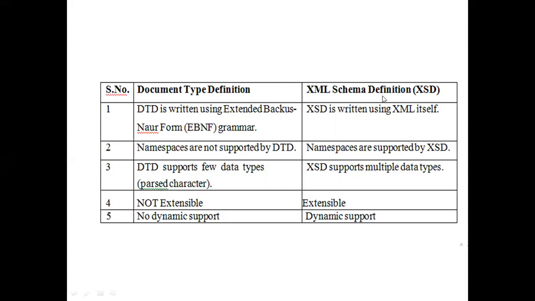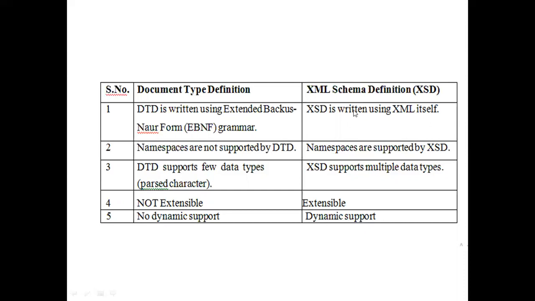Whereas XML schema supports namespaces and also supports multiple data types. So we can say it is a stronger data type. And also the XML schema definition is written using XML itself. There is no need to go for any other grammar, unlike document type definitions, which use the extended Backus Naur form.